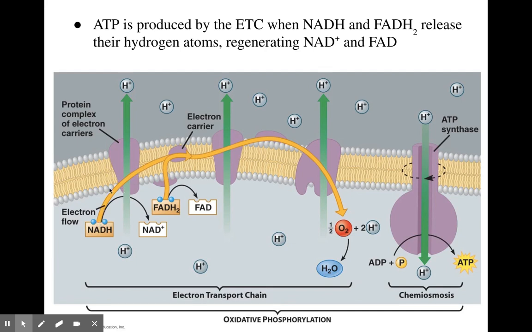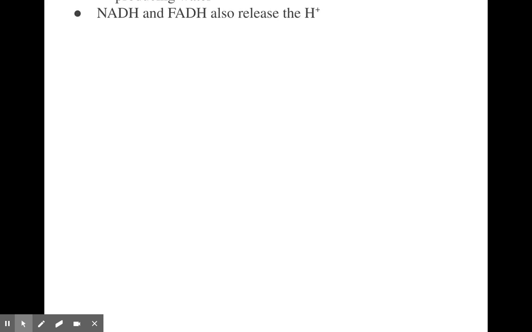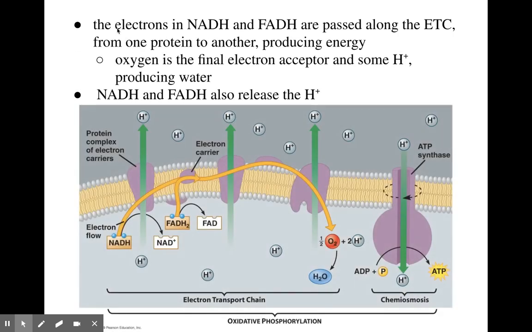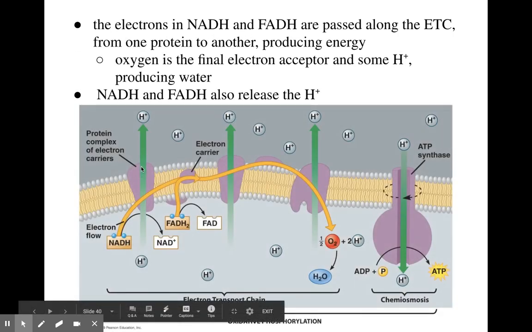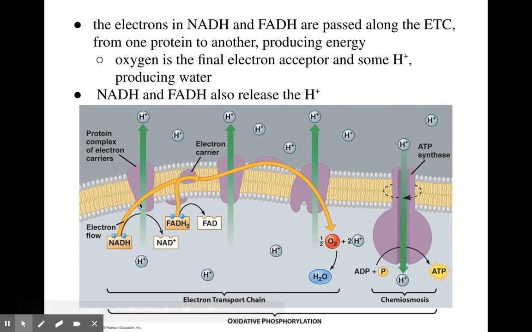Electrons, right, to the ETC. So the electrons, right? It's called an electron transport chain because we're going to take two electrons off and the proteins are going to transport them through all of their proteins. Right? So we're transporting these electrons through the proteins.